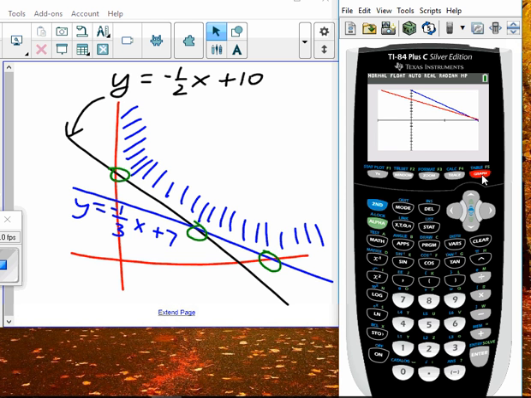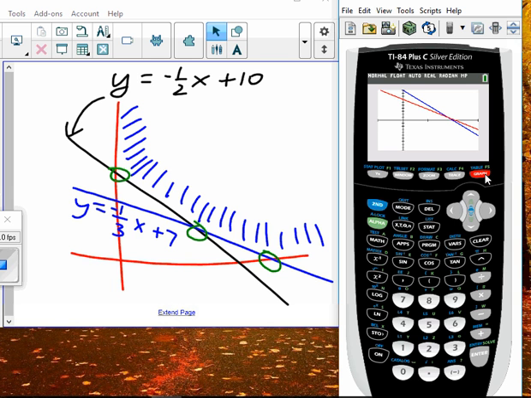Do you get that if you want to make sure you can see where they cross, you sometimes have to go into the window and try to figure out what numbers need to go in here to make it work better? So if I could go further to the right, which is X, then it would be easier to see. And then I'm going to hit graph. And now I should be able to see really clear and easy where the two things cross.